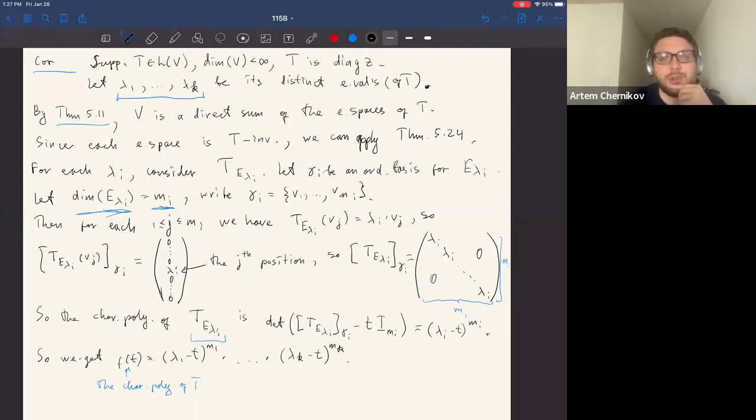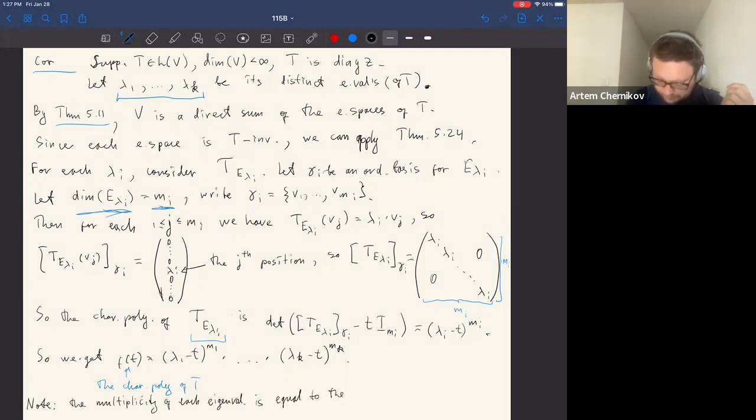Okay, so in particular, we get the remark that the multiplicity of each eigenvalue is equal to the dimension of the corresponding eigenspace.